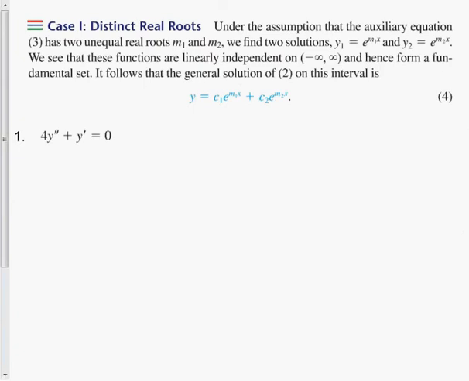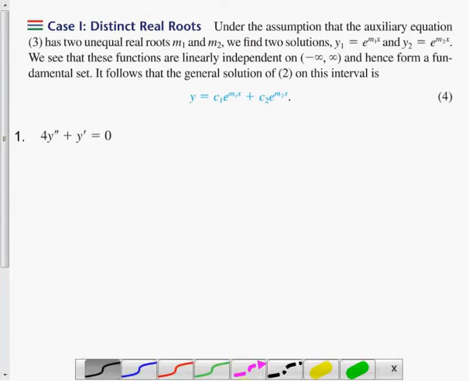Let's look at this problem right here. I'm going to take this problem through the steps, but hopefully you see it in this first problem. And if you see it, you can kind of jump right to the auxiliary equation and go from there. It's a whole lot easier.